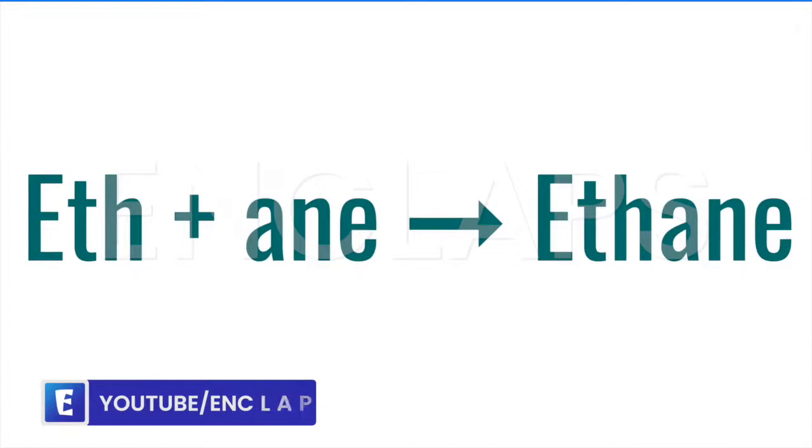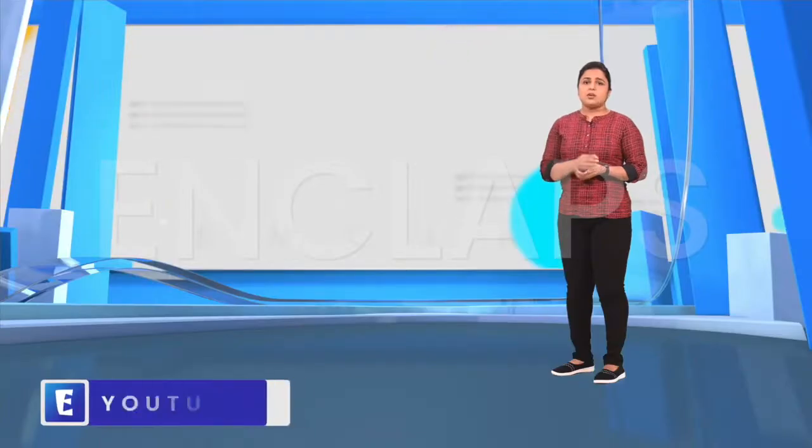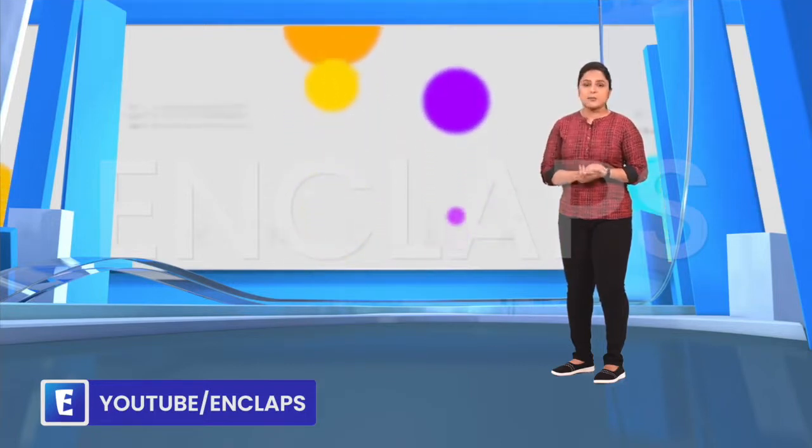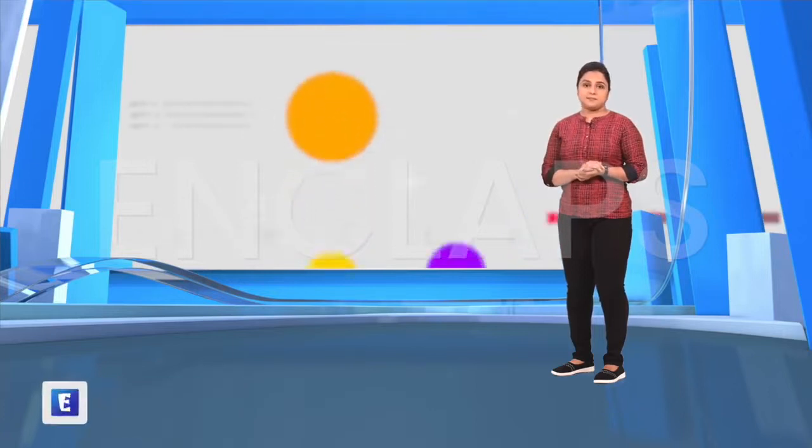Then add the suffix ane. Eth plus ane. We get ethane. So, can you tell me which is the next alkane? The alkane with 3 carbon atoms, right? The word root is prop plus ane, propane.